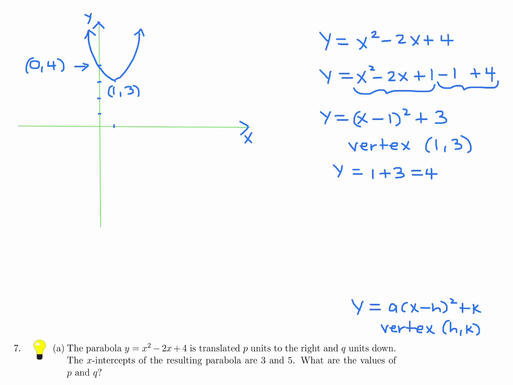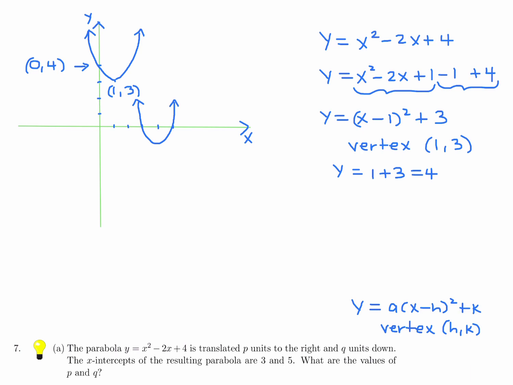Now they tell me that with this parabola, you go p units that way and then q units down like that. You're going to translate it. And when you do, it's going to end up somewhere here, but they help you by telling you that the resulting parabola has x-intercepts of 3 and 5. So if this is 3 and this is 5, it will cross like this, approximately.